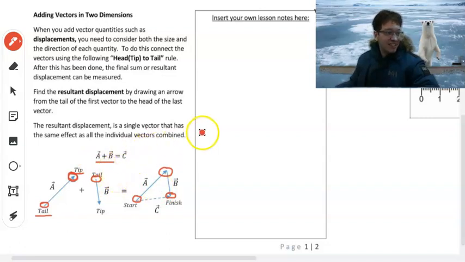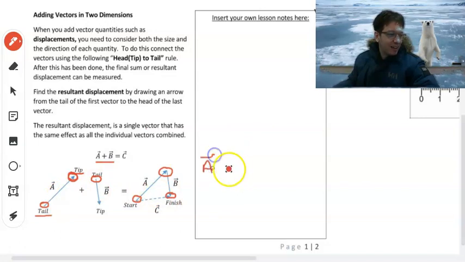What we're going to do today is practice doing that using something called vector scale diagrams. So with vector scale diagrams, you write a scale. Let's create 2 other vectors.